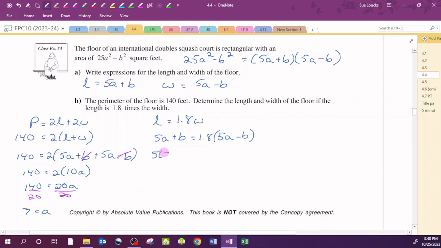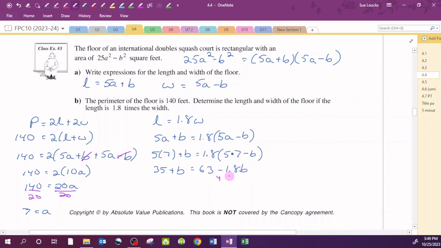So this is 5 times 7 plus b equals 1.8 times 5 times 7 minus b. So I get 35 plus b equals, this is a times and this is a decimal. That comes out to 63 minus 1.8b.